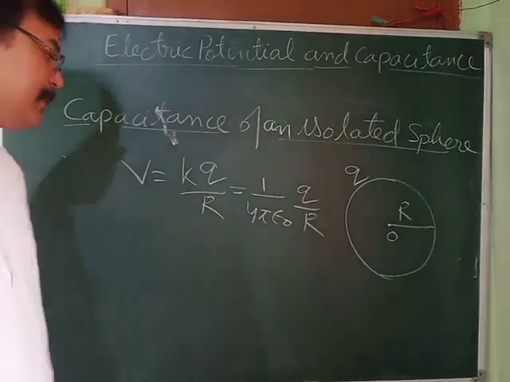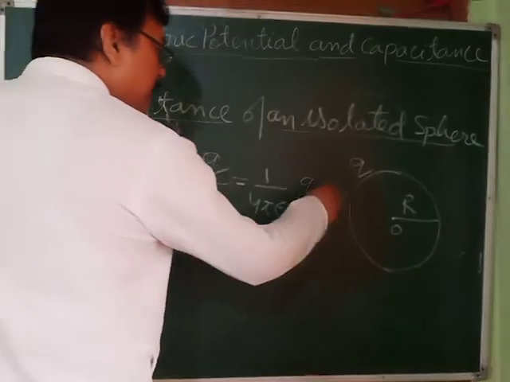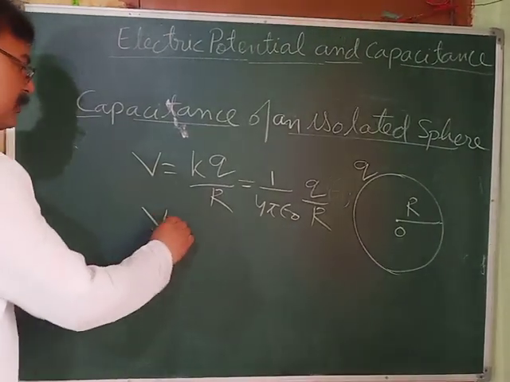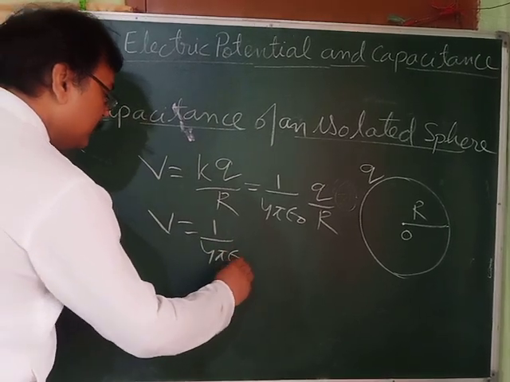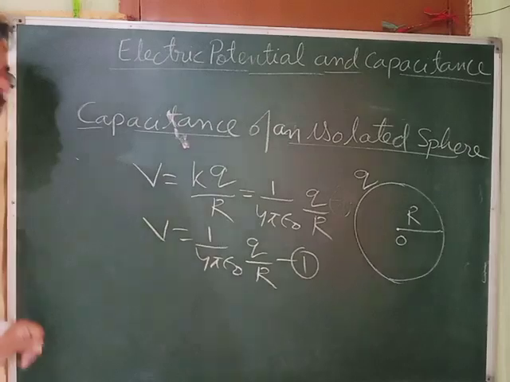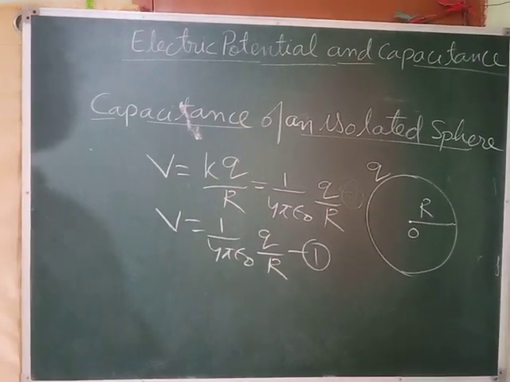Now this is our equation number 1. V is equal to 1 by 4 pi epsilon naught q by r. We can write it separately and mark it equation number 1. Now, written this much, note it down.